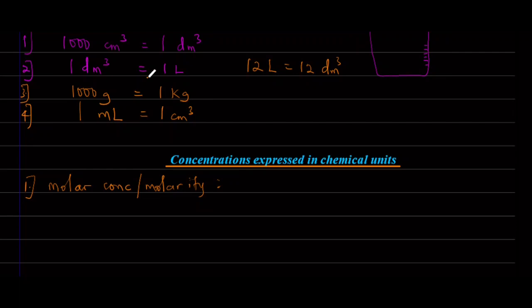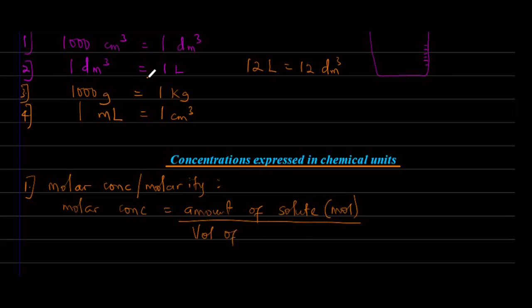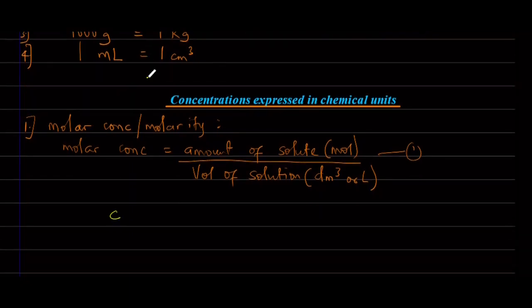Mathematically, molar concentration is the amount of solute expressed in mole dissolved in 1 Dm cube, which is the volume of solution expressed in Dm cube or liter. We can simply write it as C, where C represents molar concentration, the amount of solute in mole is n, and the volume of solution is V, equation 2.